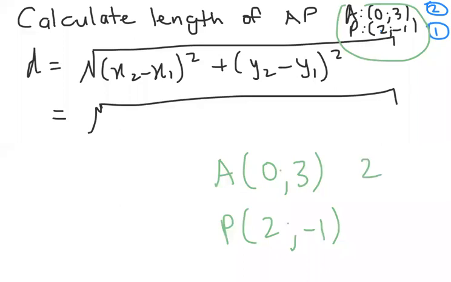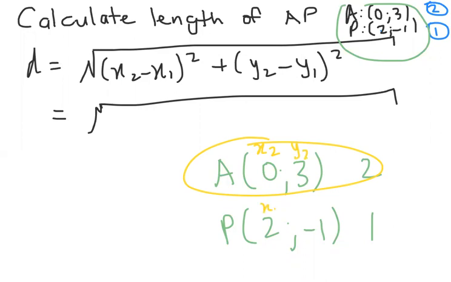So if this is point 2 and this is point 1, what I'm doing here now, the equation says x2 and x1. So in this sum, if this is 2, then this is x2 and that is y2.